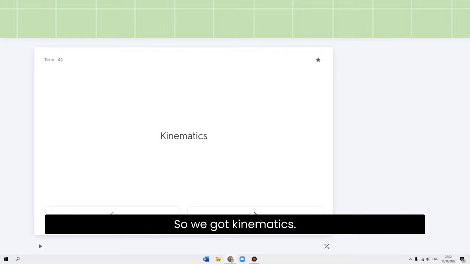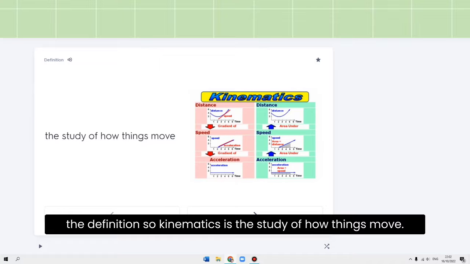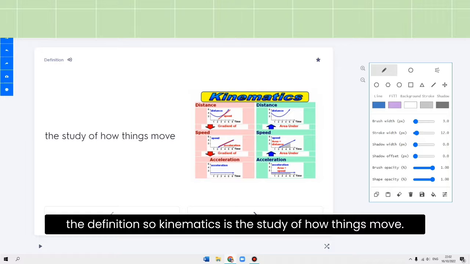So we've got kinematics. In this term, the keyword is: what is kinematics? When you click on it, boom, it shows the definition. Kinematics is the study of how things move.